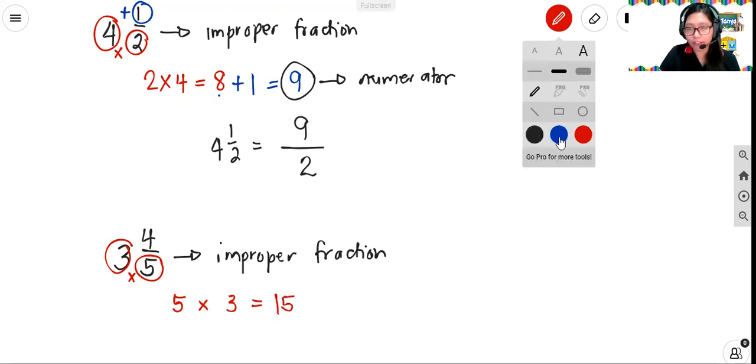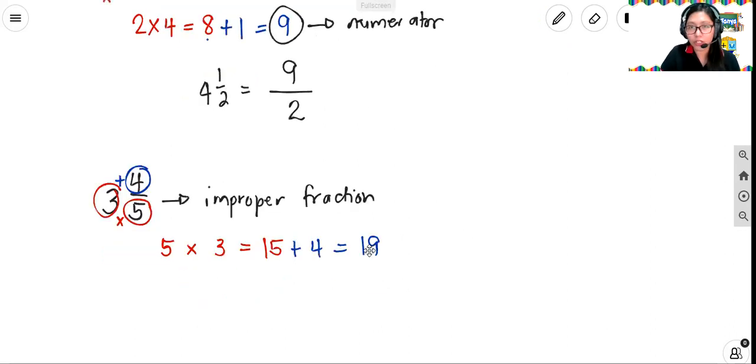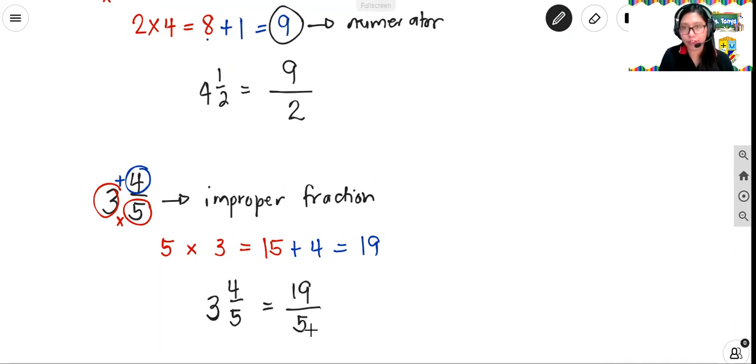And then, whatever the answer is, we will add the numerator. So plus 4, which is equal to 19. 19 will become the numerator of the improper fraction. Therefore, we will put there 19 over, what is the denominator here? It's 5. Hence, 3 and 4 over 5 is equal to 19 over 5 in improper fraction form.